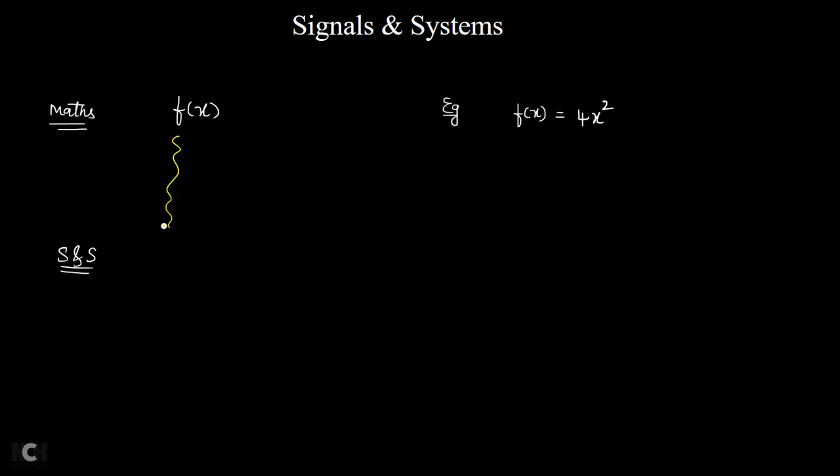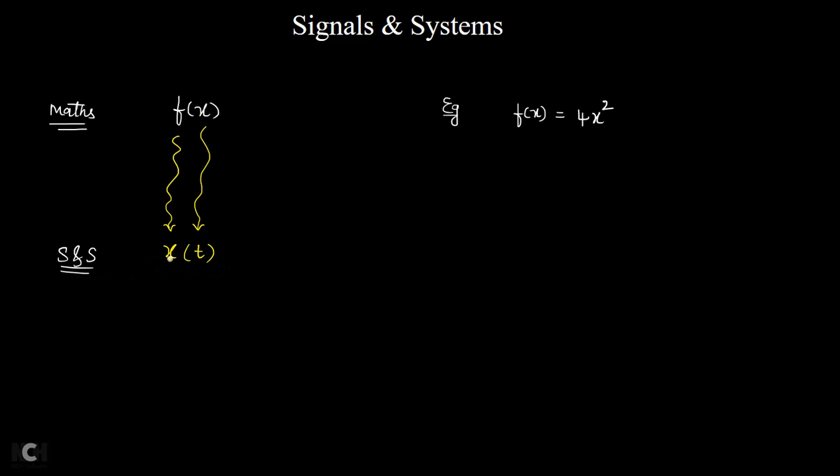Instead of f, we use small x, and instead of x inside the bracket, we use small t. So instead of f of x, the notation used in mathematics, in our course signals and systems we use the notation small x of t, x of t.